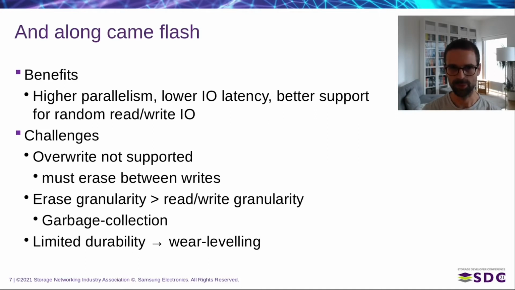Reprogramming a flash page requires first erasing the entire parent block, consisting of many pages, in some cases as much as 256 flash pages. To still masquerade as an ordinary block device, the flash drive comes with a flash translation layer, or FTL, to transparently map logical to underlying physical blocks.